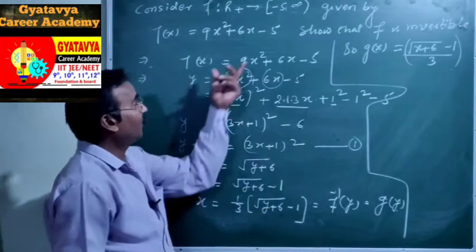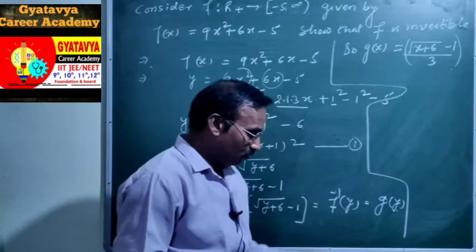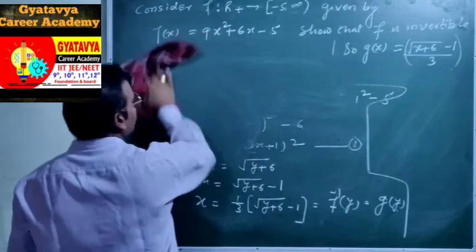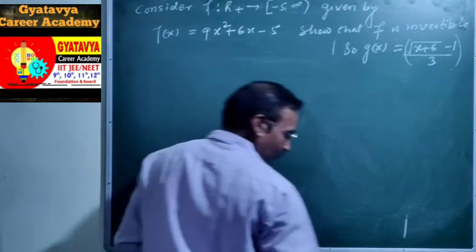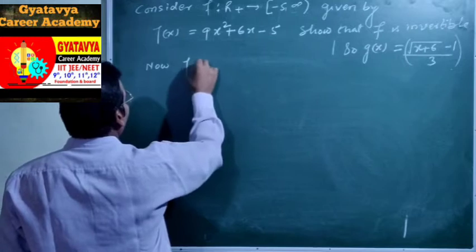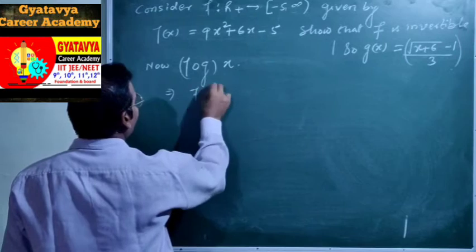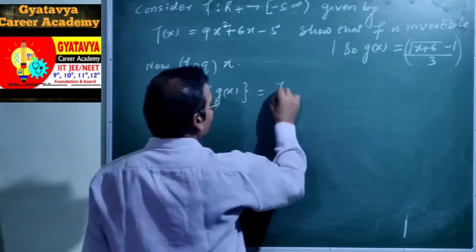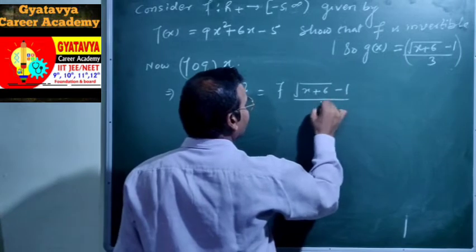Now you have f(x) and g(x) both. Now find the composition of both functions. Now f of g(x): what is the value of g(x)? It is (root of x plus 6 minus 1) whole divided by 3.